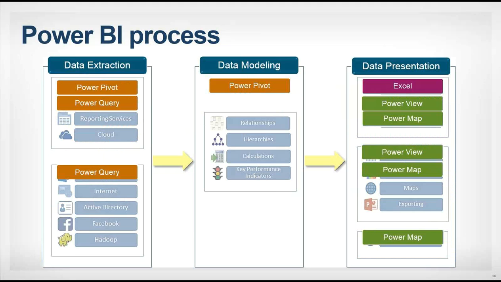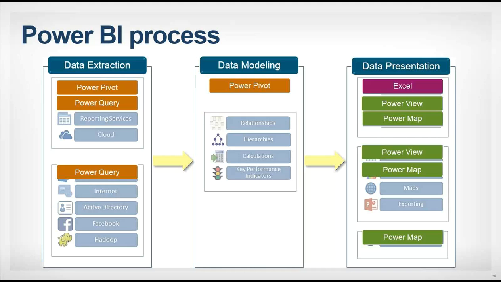So the process, I'm just going to kind of summarize it here. You extract your data. You either pull it through Power Query, feed it into Power Pivot, or you directly pull your data into Power Pivot and create your data models. After you create your data models, you have to set up the relationships, the hierarchies, the calculations and metrics that you need, and perhaps certain key performance indicators or KPIs that your company needs.